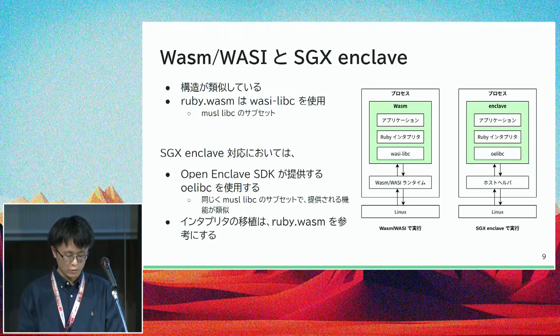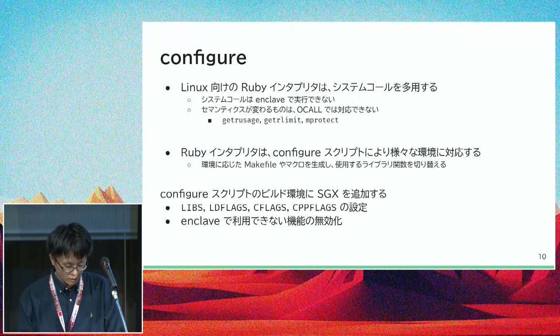In the enclave SDK, the standard library is called OE libc, and like wasi-libc, musl libc is the base for the implementation. Therefore, the offered functions are very similar. For these reasons, the porting should take reference from the Ruby implementation for WASM.